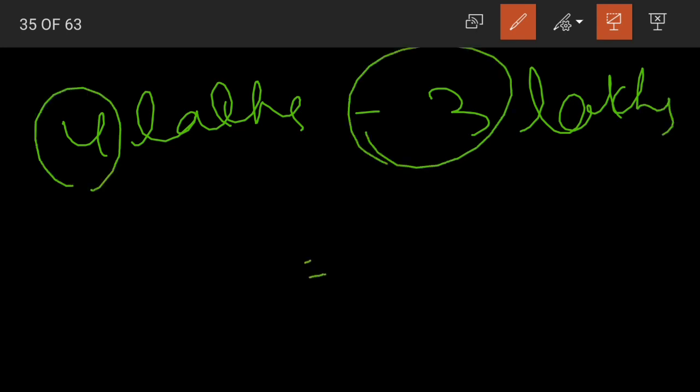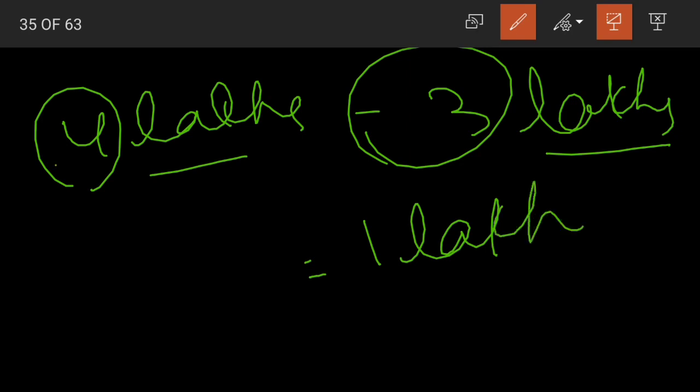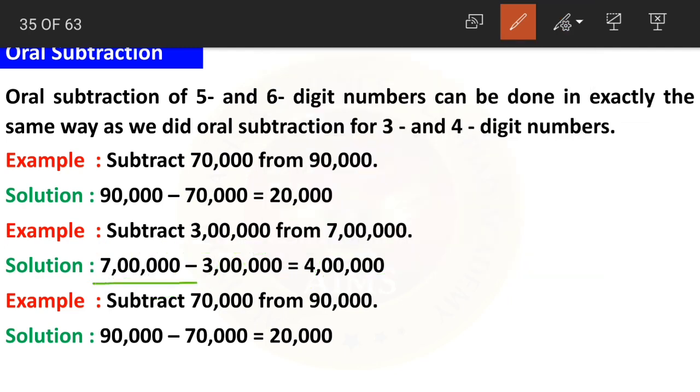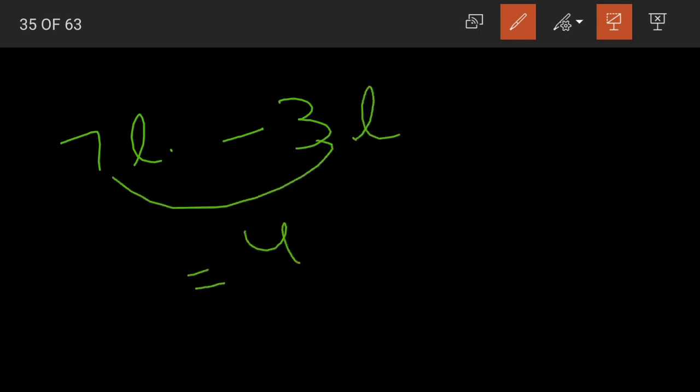It should be 4 minus 3, 1 lakh. As both the numbers are lakhs, the answer will also be in lakhs. 4 lakhs minus 3 lakhs is equals to 1 lakh. Now here it is the same, right? 7 lakhs minus 3 lakhs is equals to 7 minus 3, 4 lakhs. This is how we do oral subtraction.